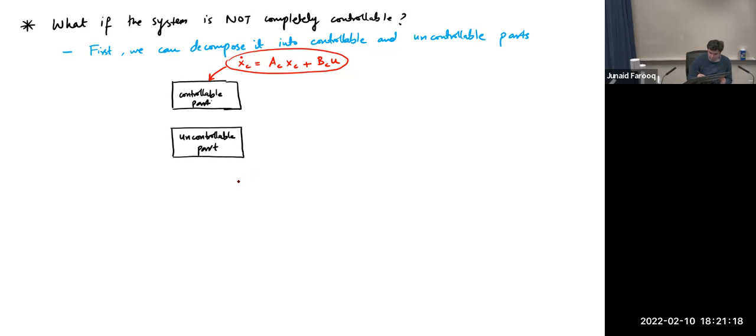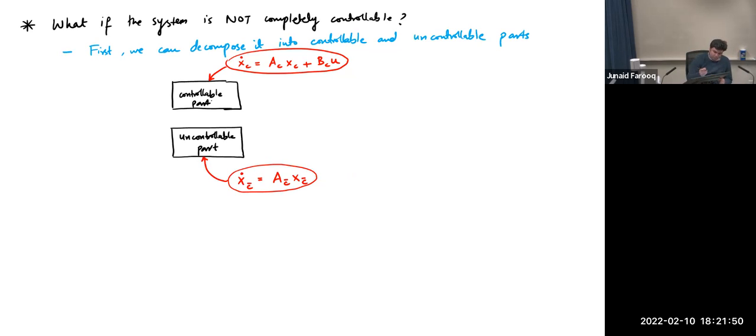And there's also an uncontrollable part, which is XC bar dot is equal to A uncontrollable, X uncontrollable. And there is no U here. There is no second term here because it's not controllable, right? And we already saw this last lecture that a decomposition can be done if the system is not controllable.